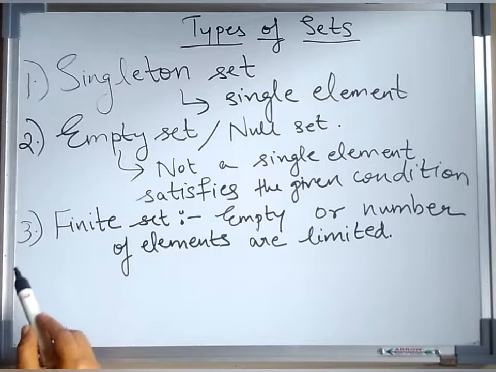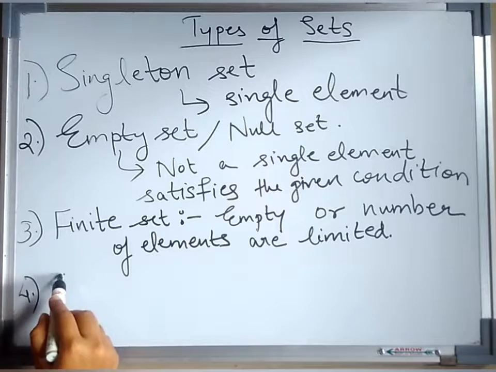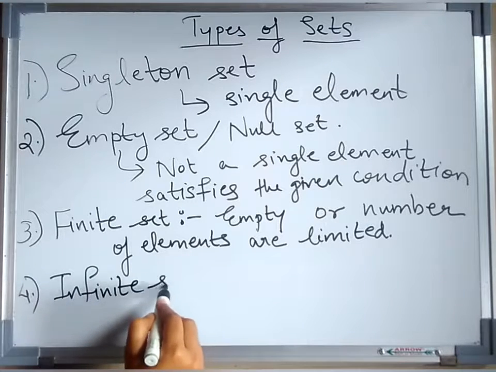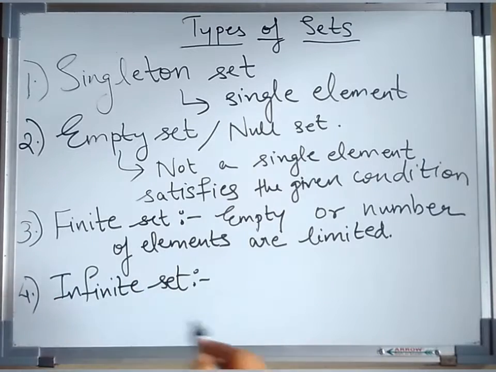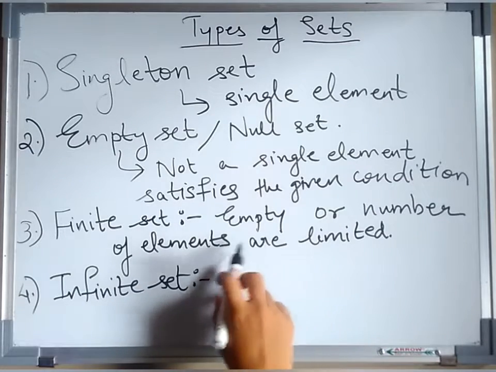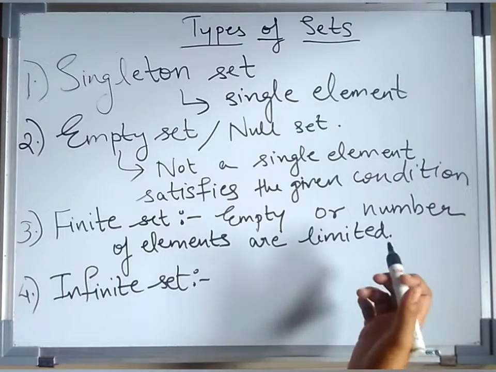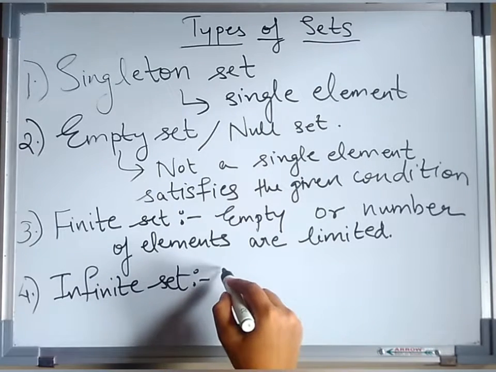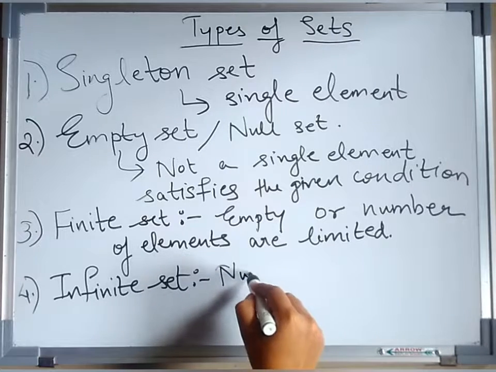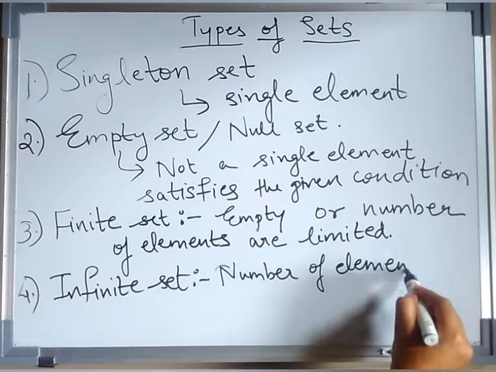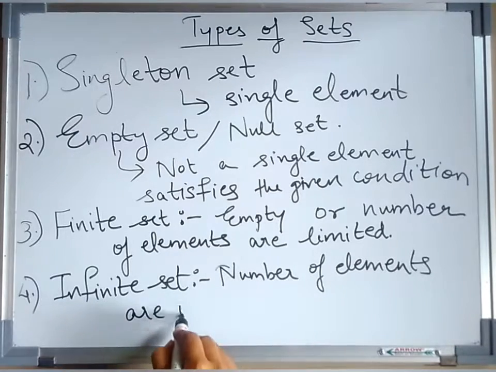Then it is finite. On the contrary to this, we have infinite set. That is the fourth basic type. Infinite means opposite to finite. Any set which is not finite is infinite. Not finite means there is no limit to the number of elements that set can contain. The number of elements are unlimited.